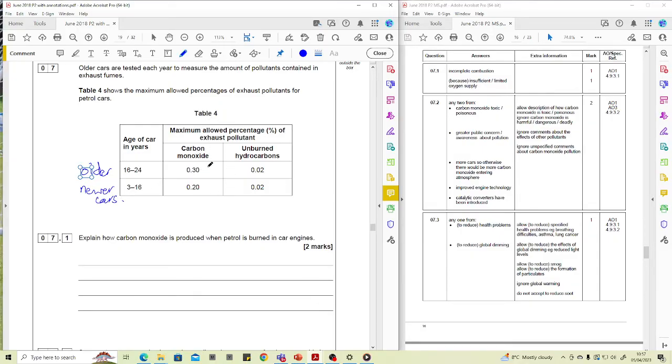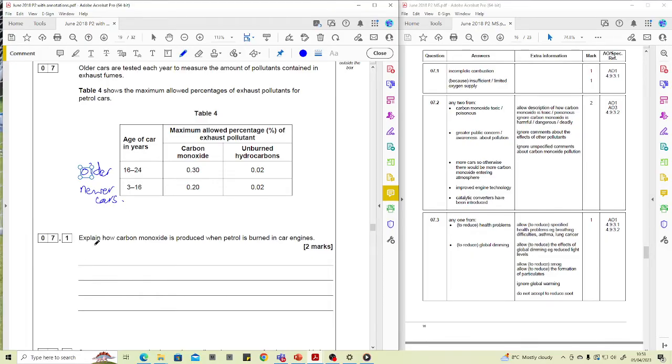And we've got that carbon monoxide, you're not allowed as much, but unburned hydrocarbons is the same. So if we're talking about engine efficiency, that's a bit of a weird one. It's probably to do with catalytic converters, I'm thinking, because that's just as inefficient as before. Anyway, we'll see. There's a little bit about it in the mark scheme.